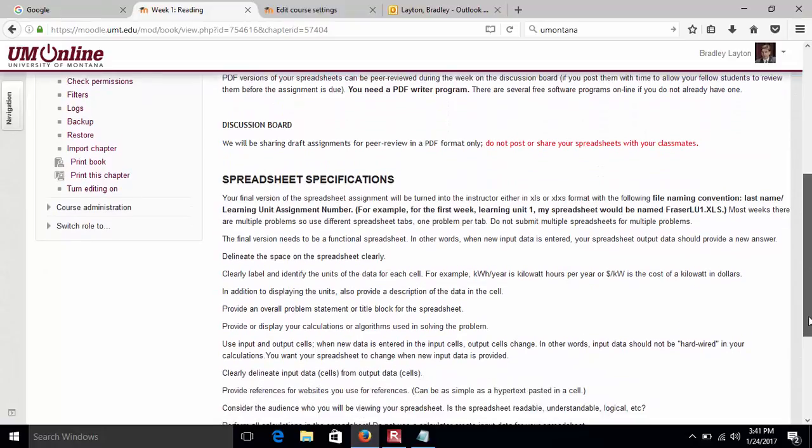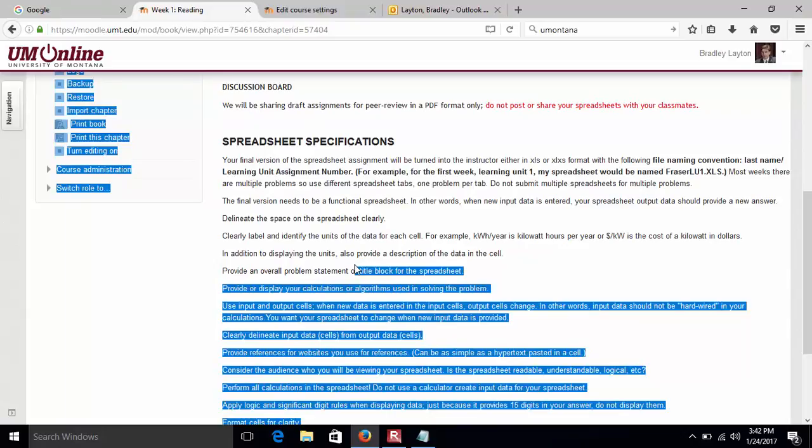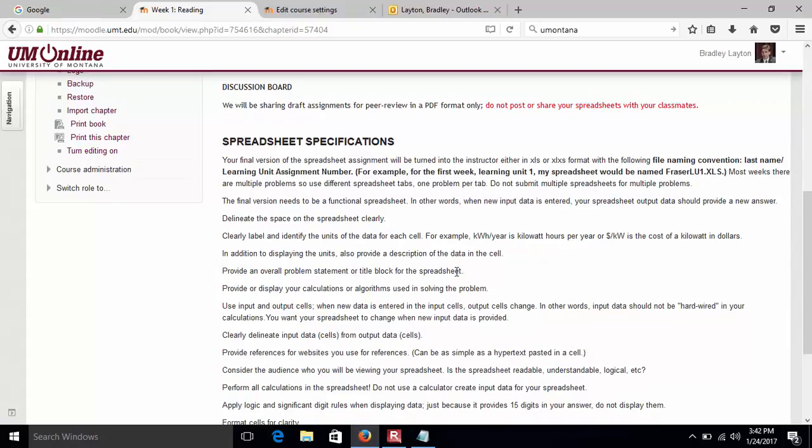When you turn things in, use your input and output cells. This is where the information goes in, somewhere else it comes out, color coded however you like. Having the title block on there, because there'll be a few problem sets where you'll have problem 1, problem 2, so you can just see what it is in English.